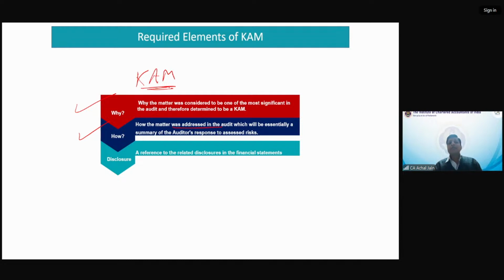And a reference to the related disclosures in the financial statements. So if all these are the audit matters which are in relation to the financial statements, all of these items would have been recorded. Yes, they may have been recognized or they may have been disclosed. So that's why auditor will also give a reference as to where these matters, these items are appearing in the financial statements.